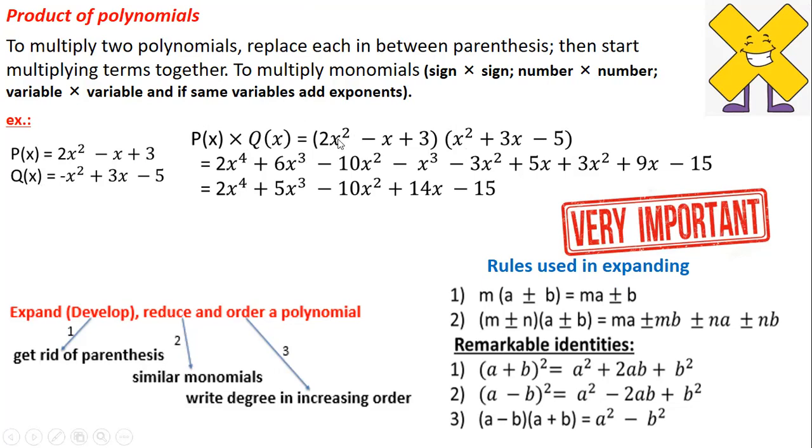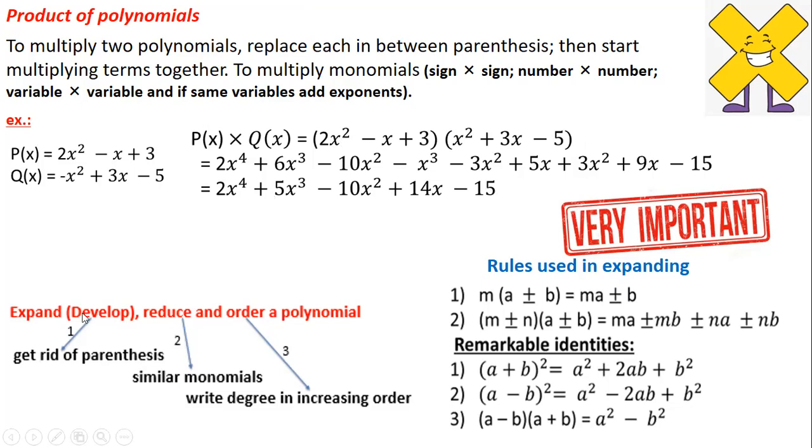We start with 2x squared times minus x squared, then 2x squared times plus 3x, then 2x squared times minus 5. Here we multiply all for all. This rule is used in multiplication. Then after I get the answer, I order and reduce my answer down here.